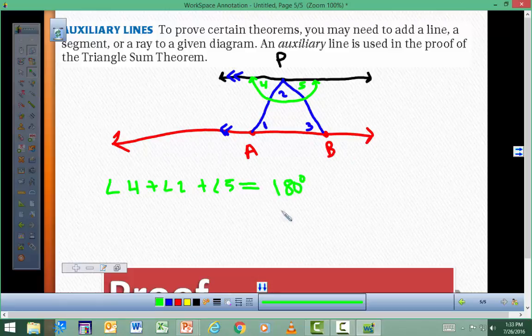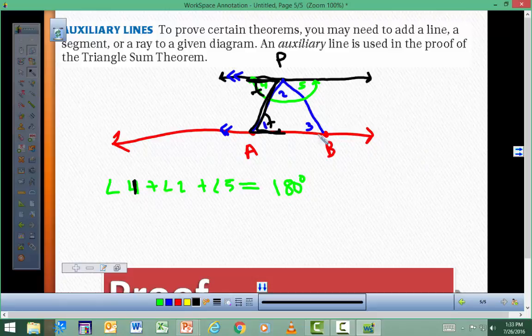But guess what? You'll notice a zigzag pattern. Since we have parallel lines, we have alternate interior angles. So there's this zigzag pattern, right? What it means is that this angle here is congruent to this one because alternate interior angles are congruent. Well, what that means is that we could replace angle 4 with angle 1.